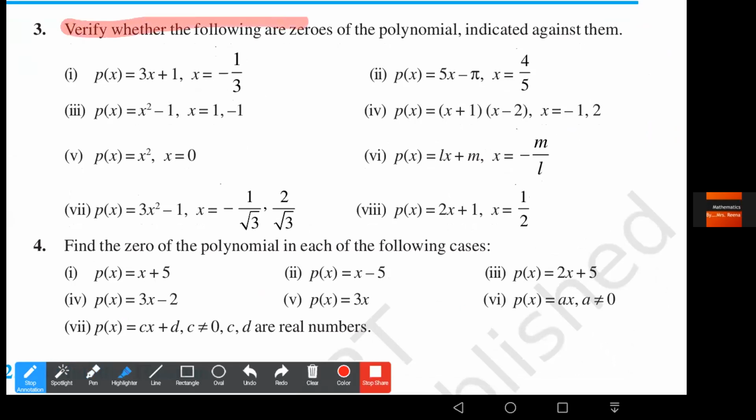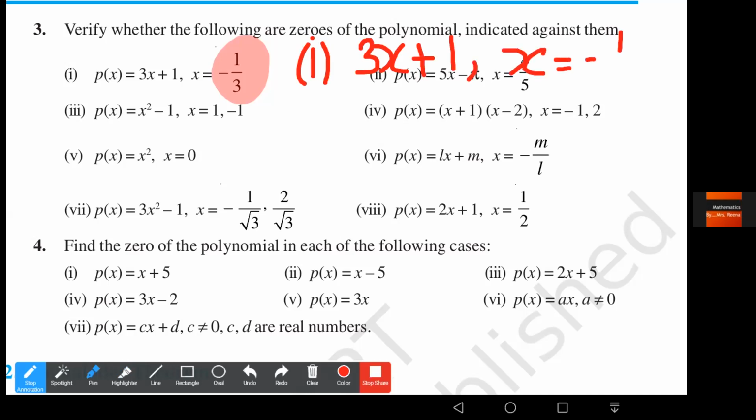Verify whether the following are zeros of the polynomial indicated against them. तो हमें ये बताना है कि जो हमें गिवन है क्या ये इसका जीरो है. पॉलिनोमियल क्या है हमारे पास? फर्स्ट पार्ट में वी हैव पॉलिनोमियल 3x plus 1 and I have to verify whether x equal to minus 1 by 3 is zero of it or not.